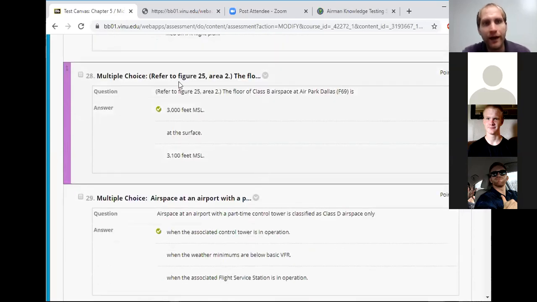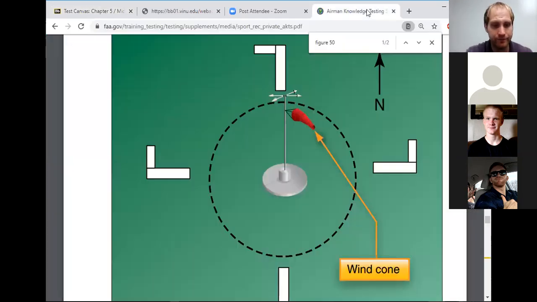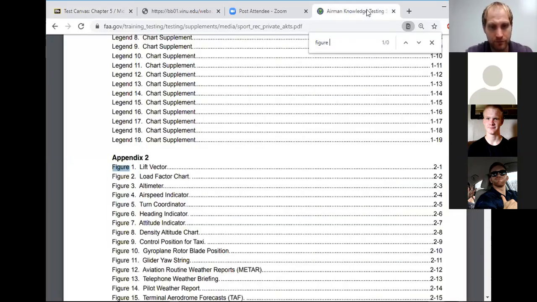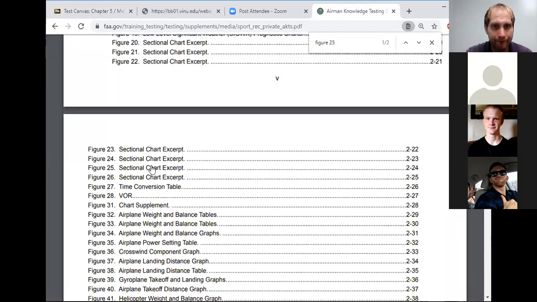Okay, we are doing a figure 25, area 2, the floor of the Bravo airspace at Air Park, Dallas. That's Fox 69 Airport. The floor of the Bravo airspace, area 2. We're on figure 25. So we're clicking figure 25.